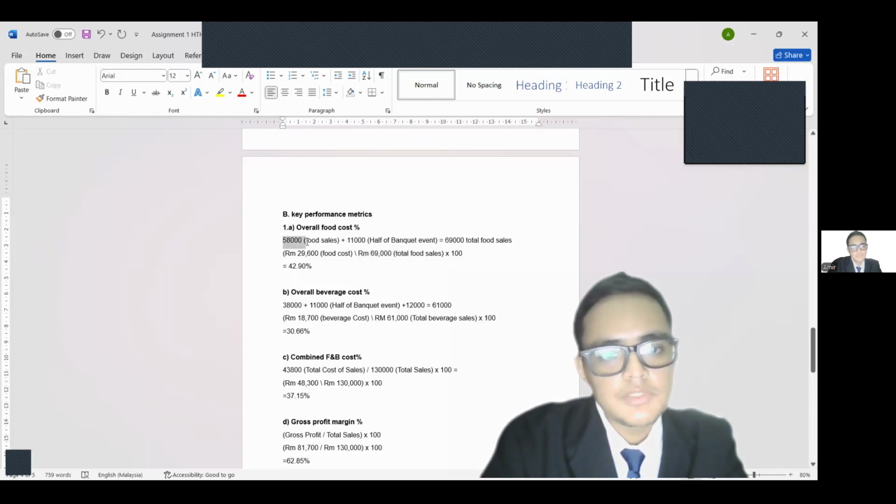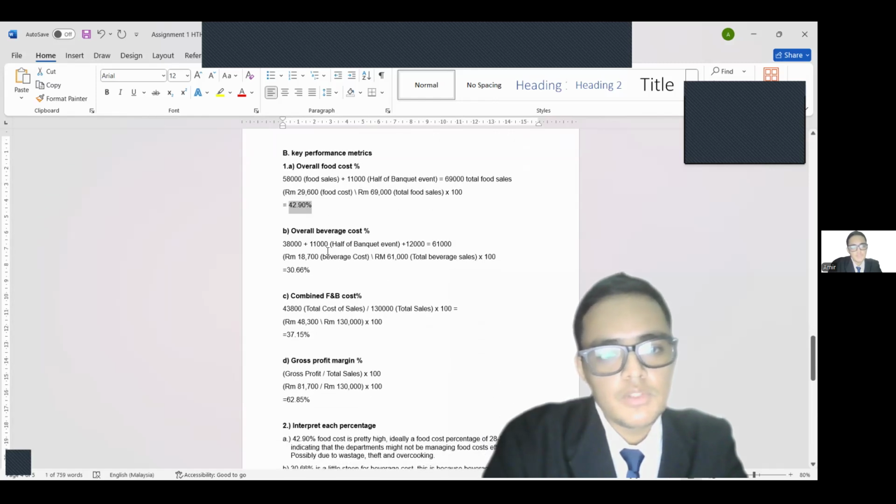I use the food sales, the 58,000, and 11,000 for half of the banquet event because it's 22,000. So we assume that it's half of each. So we added that until it becomes 69,000 for total food sales, times 100.